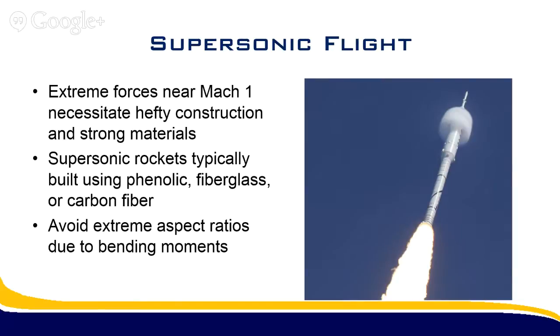If it starts bending, it breaks, and it's bad, obviously. So I'm not recommending that you build really short, stout rockets, but definitely keep the aspect ratio there under control.